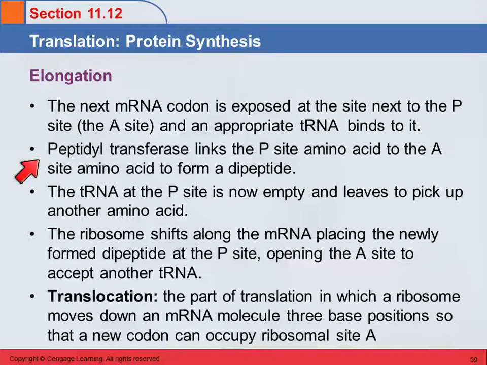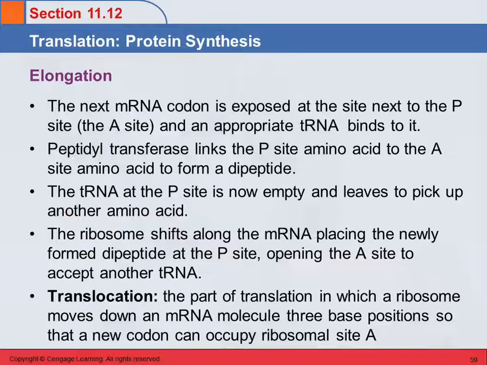An enzyme called peptidyl transferase is going to link the amino acid on the P site tRNA to the one on the A site tRNA to form a dipeptide. Then the transfer RNA from the P site leaves.